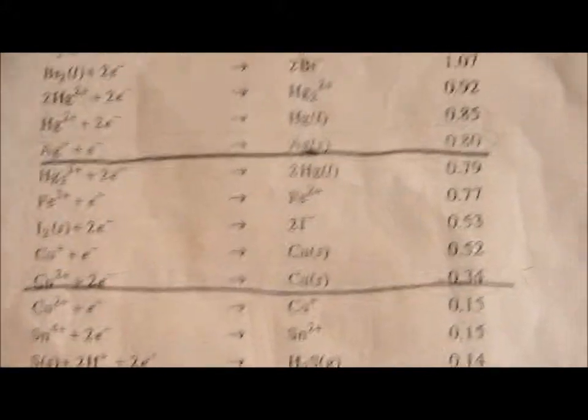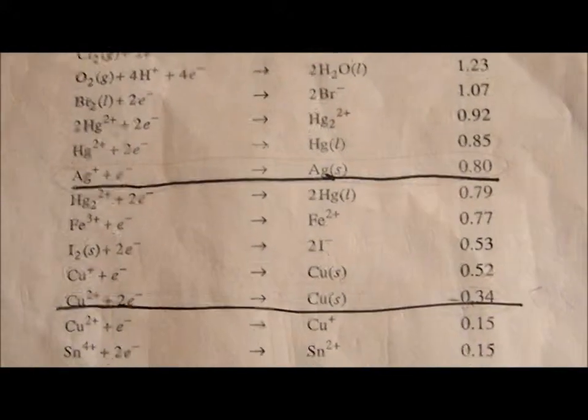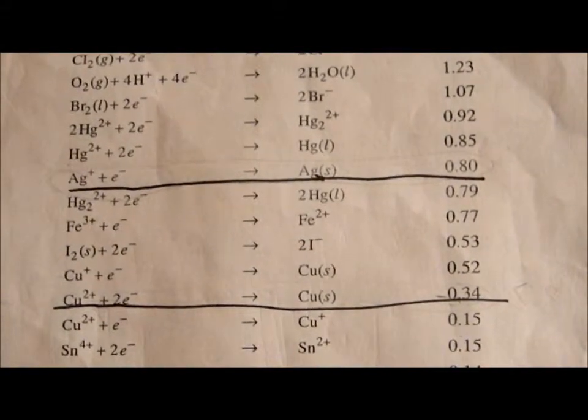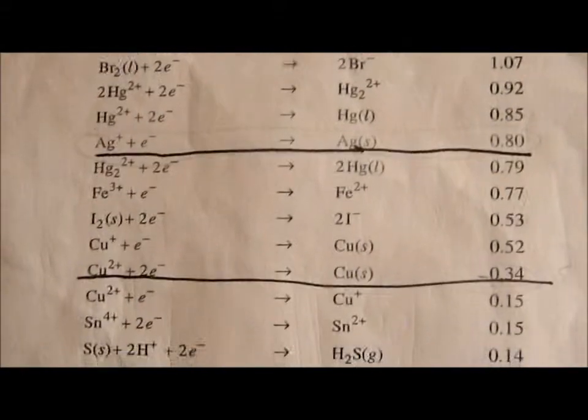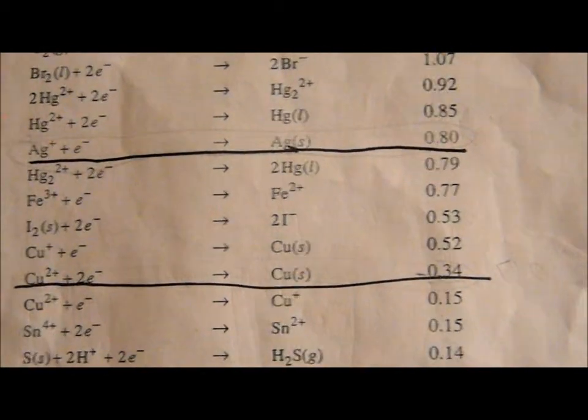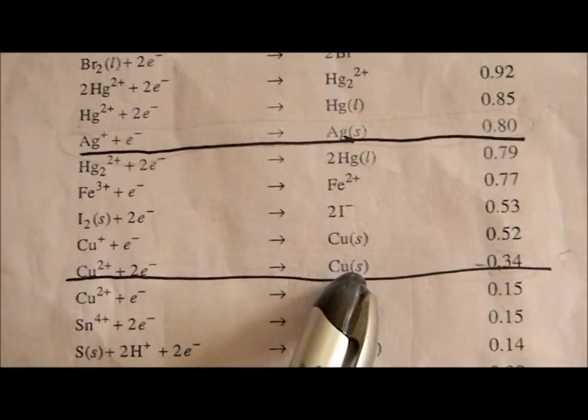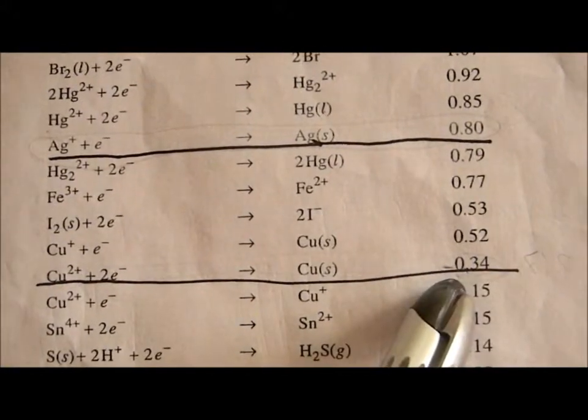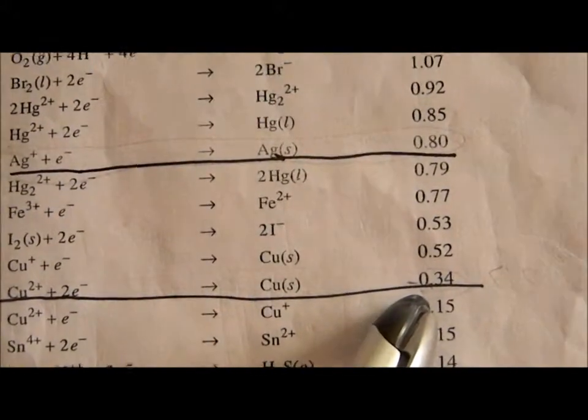And there is no half reaction on this list that matches the Cu yields Cu2+, but we can find the exact opposite, which is no problem. We can use that as long as we remember to flip the value of the standard reduction potential listed here.